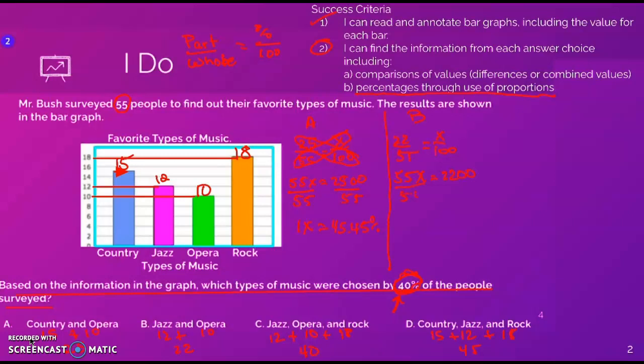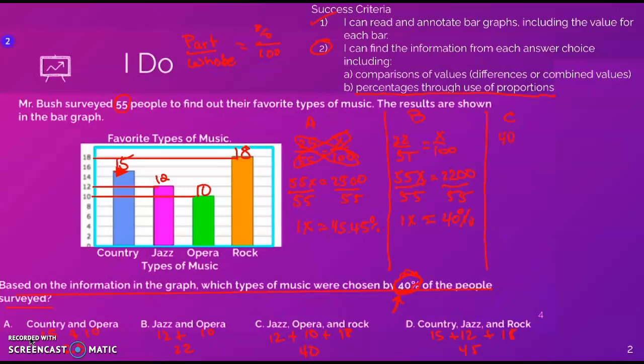I divide both sides by 55 because it's the inverse of multiplication. 1x is equal to 2200 divided by 55, which is 40. And 40, that's my answer right there. But I'm going to continue checking the rest to make sure that that is the only answer available.